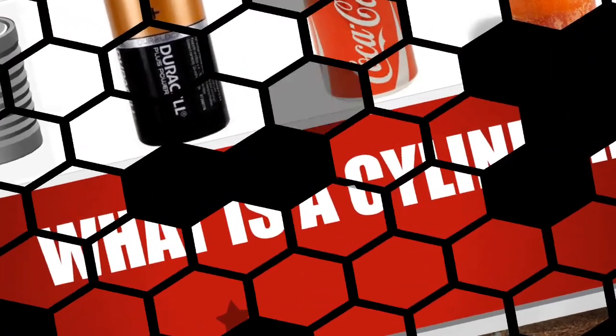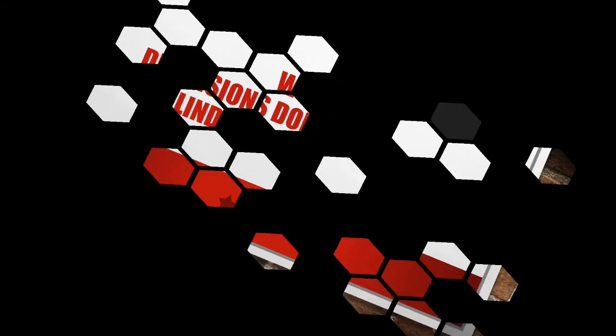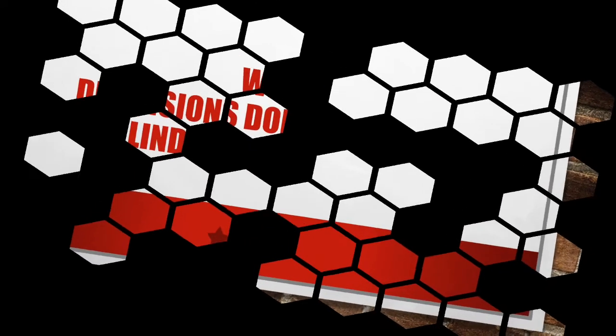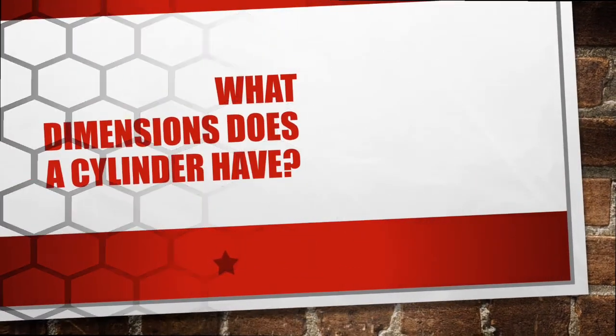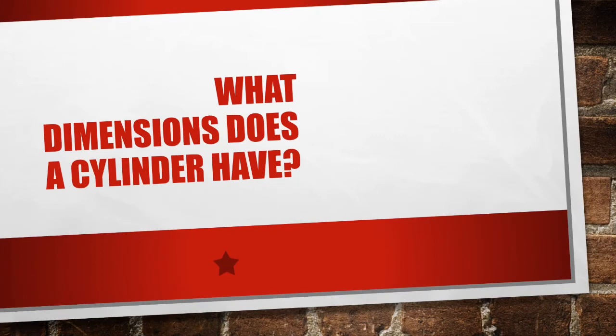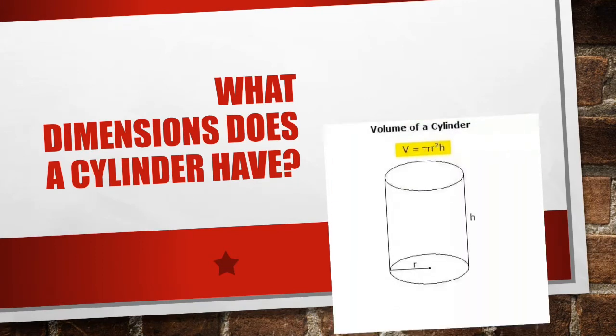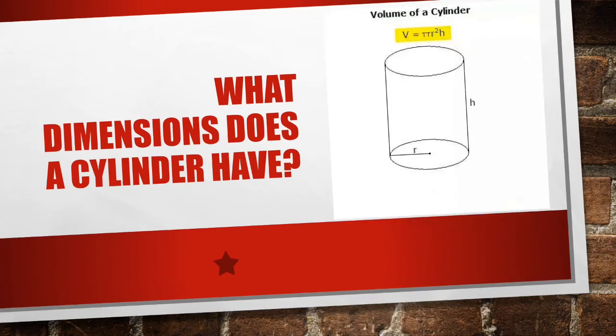For what is a cylinder and how do you find its volume. In the last lesson, we spoke about length, width, and height, but obviously looking at an object like a cylinder with rounded surfaces, it's not necessarily going to have those kinds of dimensions. So what dimensions does a cylinder have? Well, because a cylinder involves a circle, it has a radius.